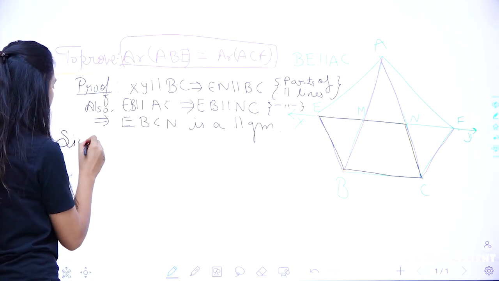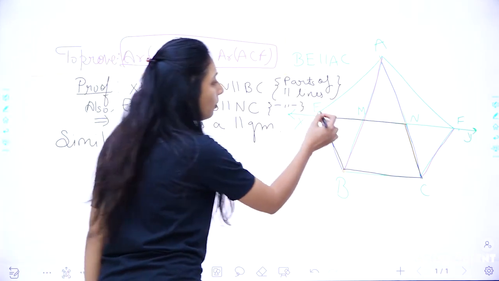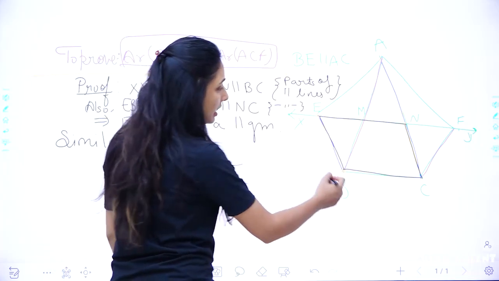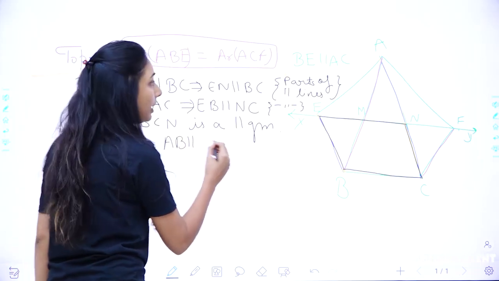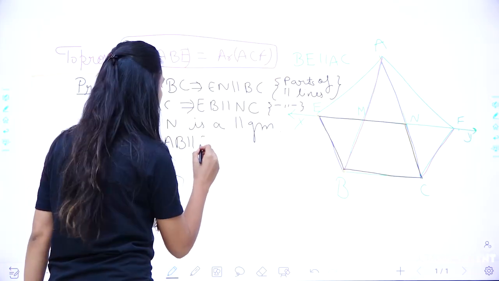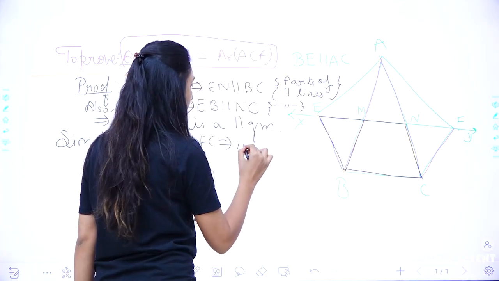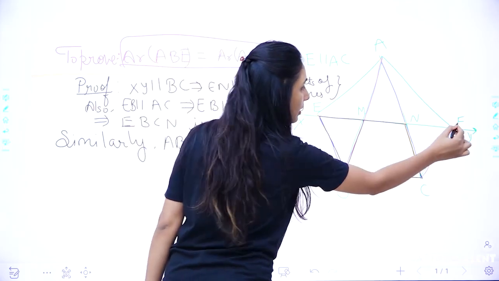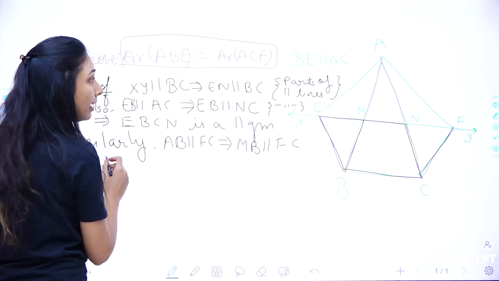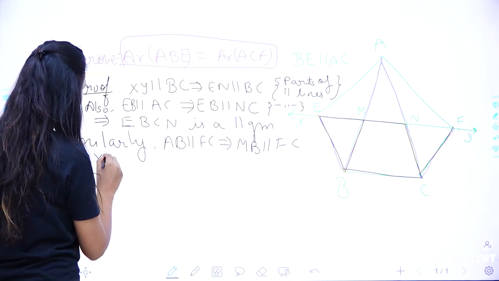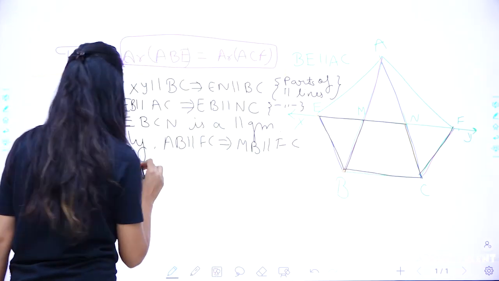I'll say that similarly, if we talk about this EB, not this EB but this AB. Okay, so AB is parallel to FC. It is given. This will again say that this MB is parallel to this FC. And here also again XY is parallel to BC is given.